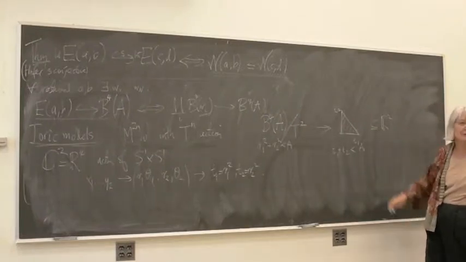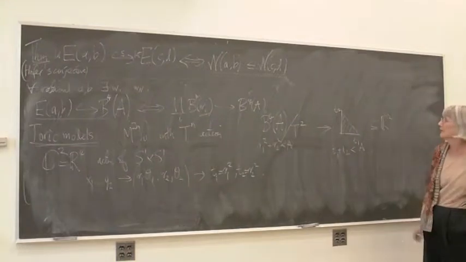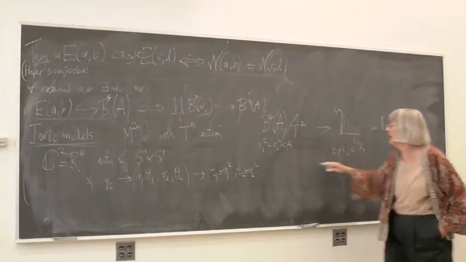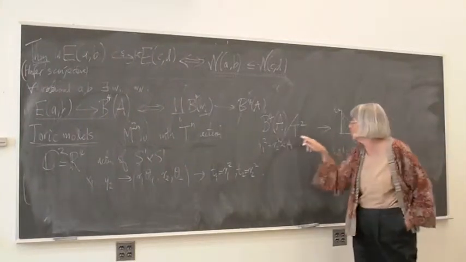So if it's an open ball, you map onto the open triangle. And this is what you call a moment image. It is actually the quotient of this ball by this torus action.